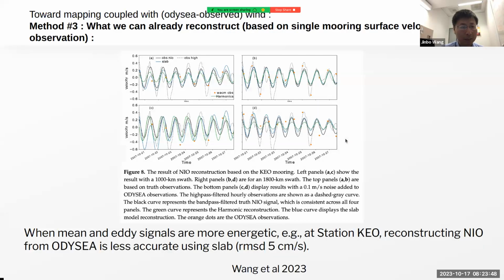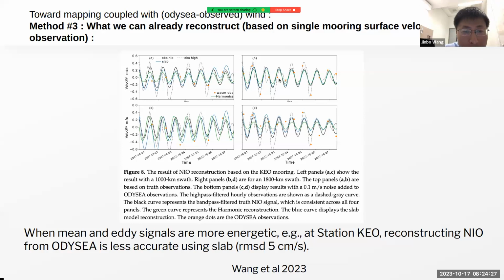This is the more challenging region, the crucial extension. So if we go through the lines, let's focus on panel B. The Odyssey observation is simulated in orange dots, and the gray line is the high frequency part of the observations, and the filtered NIO is the black solid line, and the SLAT model fit is the green line.